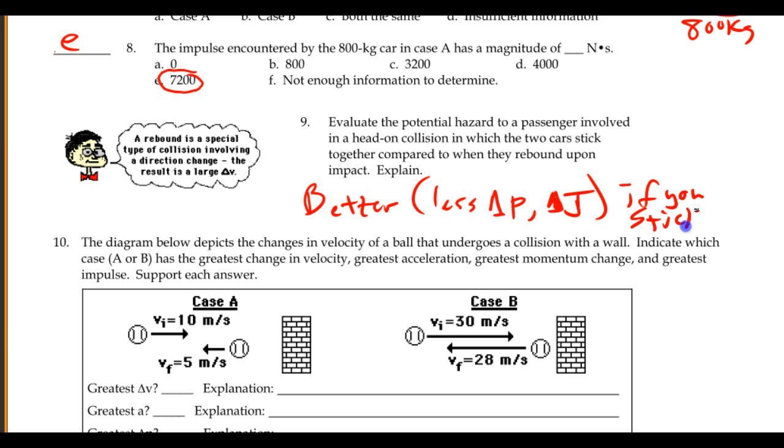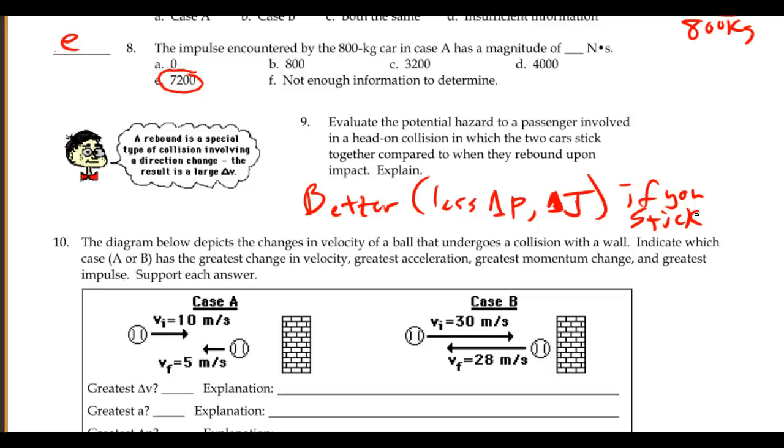So if you look at cars, they are not designed to be battering rams or have elastic bands on the front which let them bounce back off. They actually have crumple zones which are designed to help get each car to stick together to reduce the overall amount of momentum transfer to the occupants.